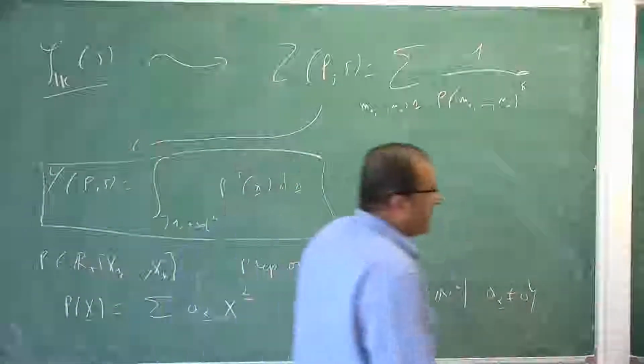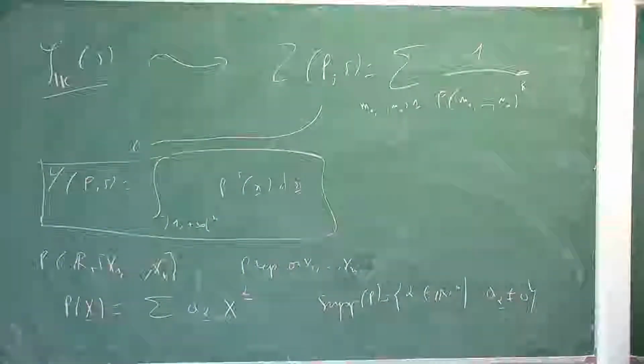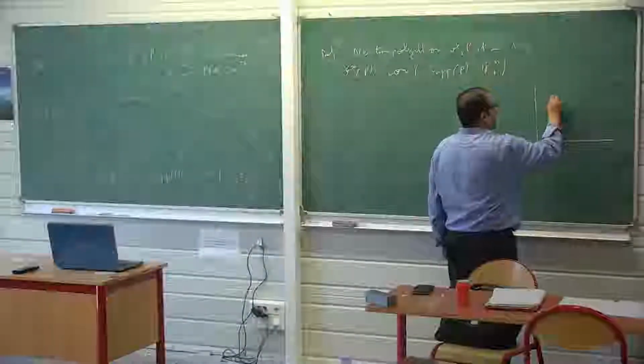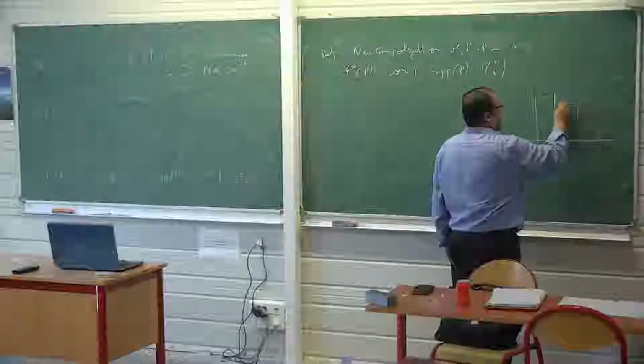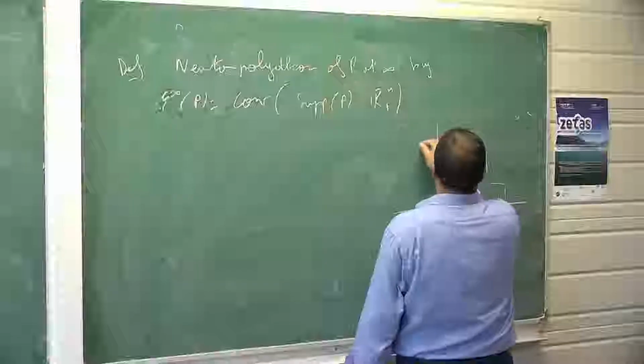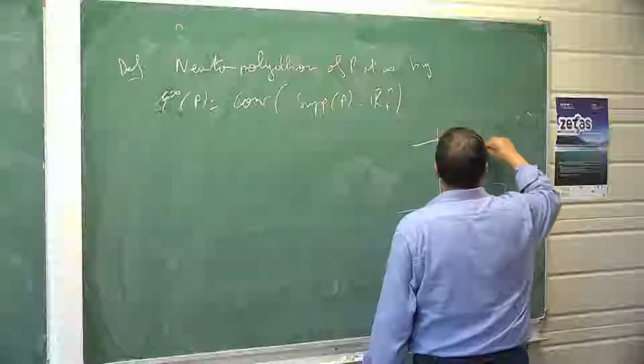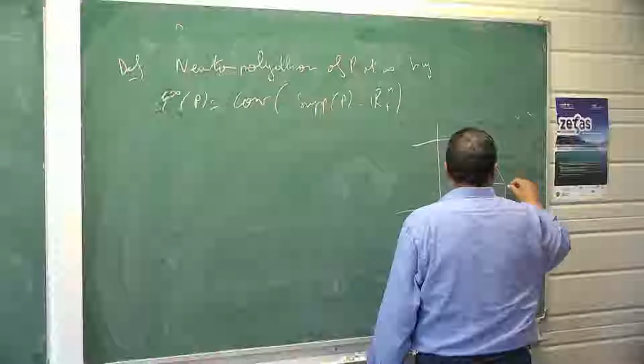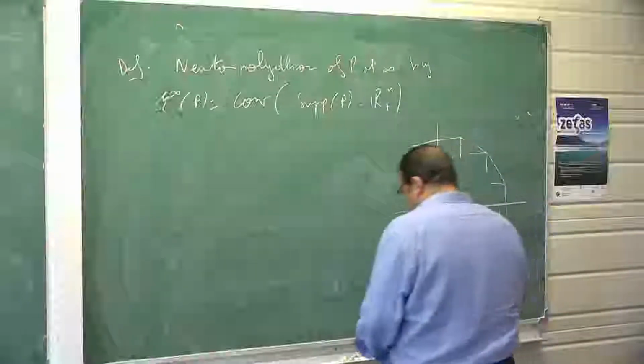So it looks like, for example, for n equal 2, the support will give you a finite number of points, and you take every point, do that. And then, for example, in this case, the Newton polyhedron is this set.